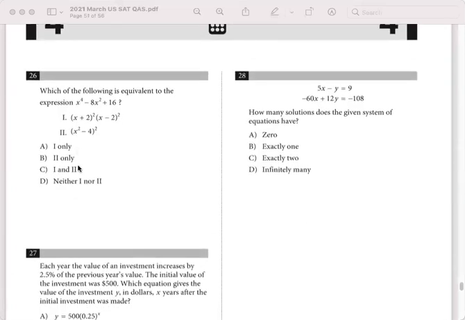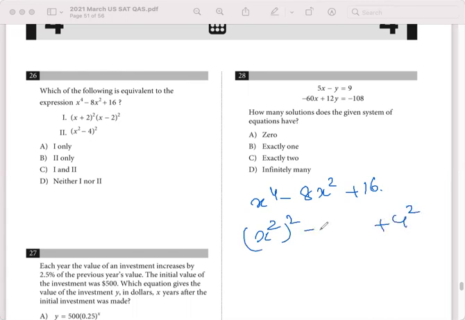Let's go to 26. Which of the following is equivalent to the expression x to the power 4 minus 8x squared plus 16? Okay, so we can see that there are some patterns we can observe. We can write this as x squared the whole squared, and we can write 16 as 4 squared, and this we can write as 2 times 4 times x squared, right?